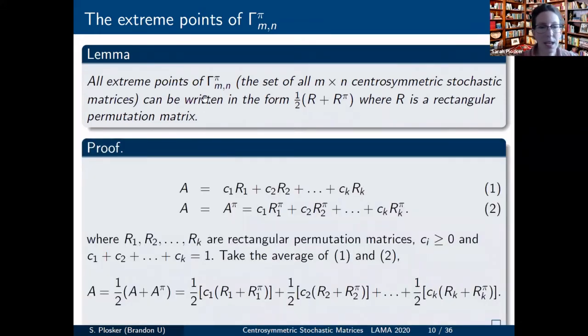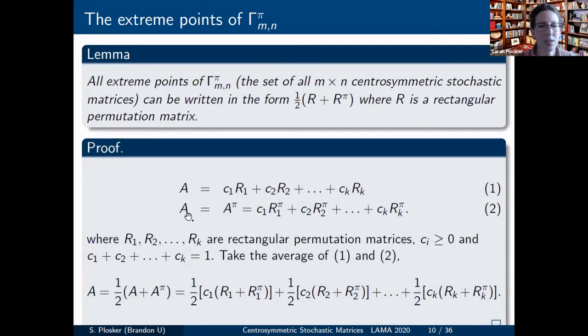So because A is a stochastic matrix, we can write it as a convex combination of the rectangular permutation matrices, because we characterized, remember, the extreme points of the stochastic matrices are the rectangular permutation matrices. So yeah, convex combination, so the c_i are non-negative and they sum to 1.